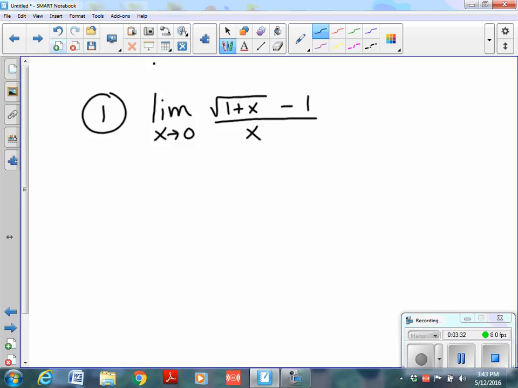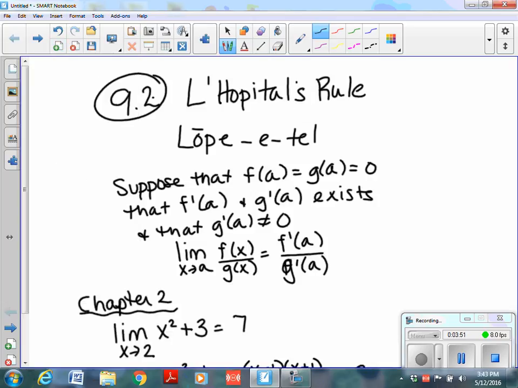Okay, as you can see, these problems got harder from chapter 2. If you substitute 0 in, you cannot have 0 in the denominator. You can't factor it, so what are you going to do? So you're going to use L'Hopital's rule, and basically, this is L'Hopital's rule. I'm just going to tell you right here, and this is going to make it way easier than the way they just wrote this.